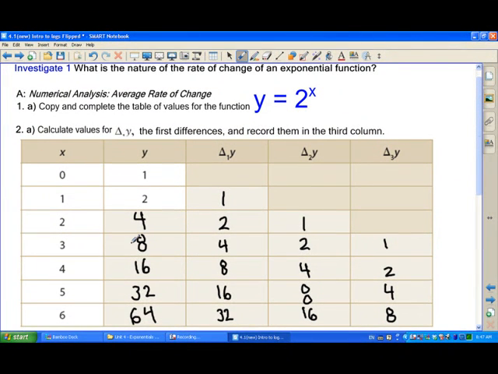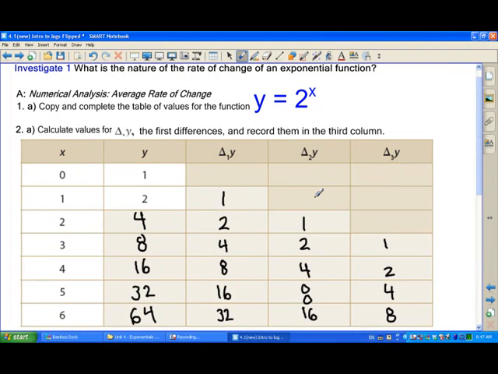And always looking for patterns, I'm definitely seeing a pattern in these differences. My numbers from my y values are just being repeated. If we think back to polynomial equations and polynomial functions, when we calculated differences, we were looking for a constant difference, and that was the difference that corresponded to the degree of our function.